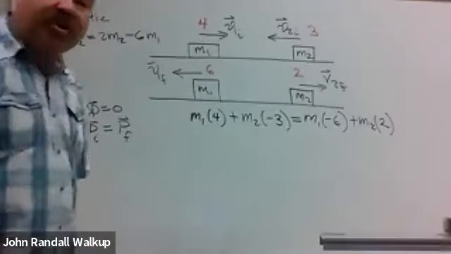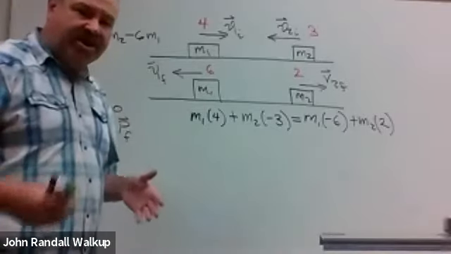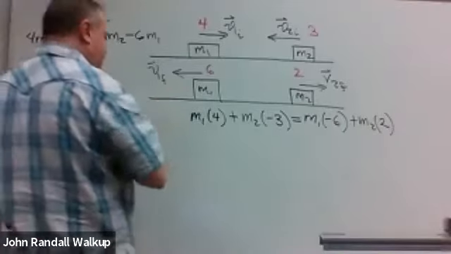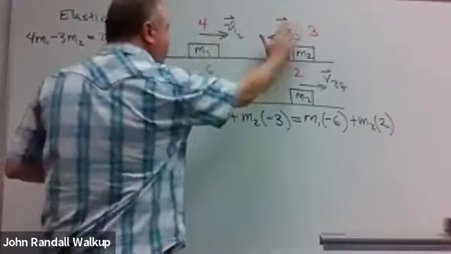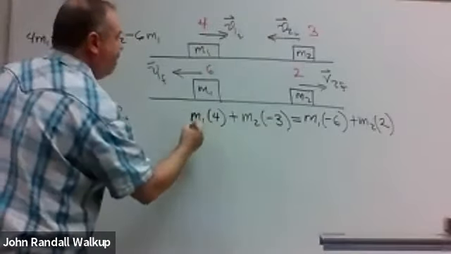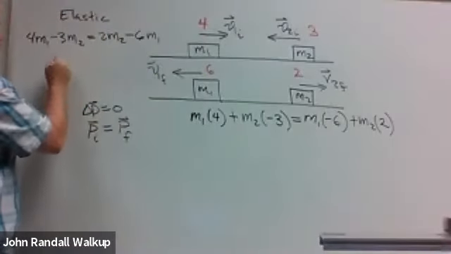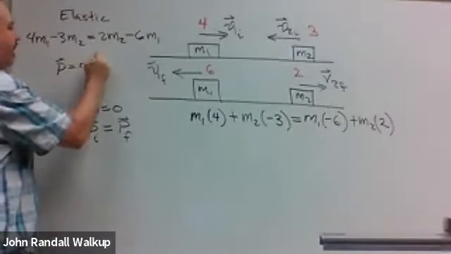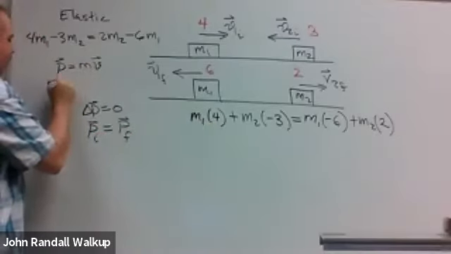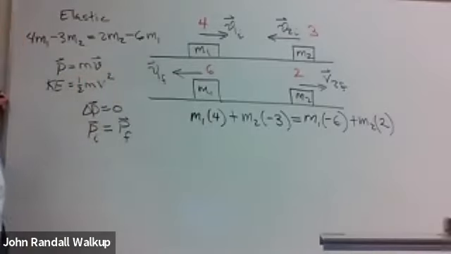So now let's do kinetic energy. Remember we said that kinetic energy is also conserved here. And what's the energy of this system before? Well, it's the energy of both of these bodies. In this case here, we would have the kinetic energy of this one. Oh, by the way, I forgot to write this down, I'm sorry. Momentum is equal to mv, and kinetic energy is 1/2 mv squared.